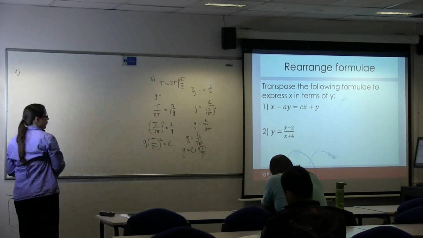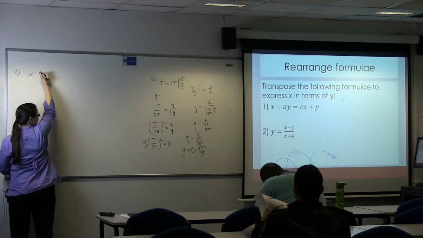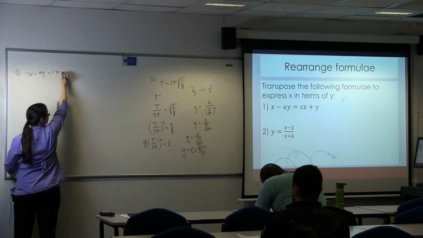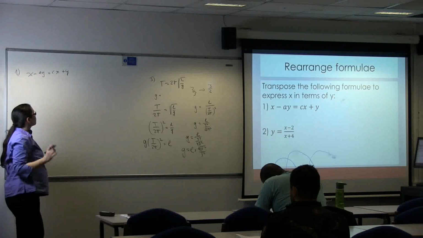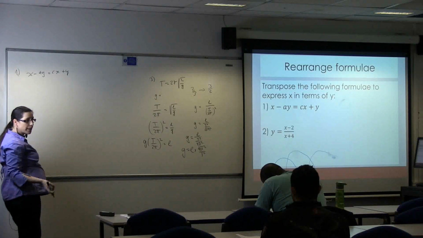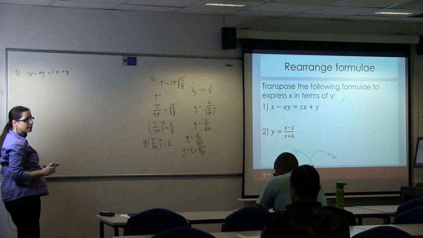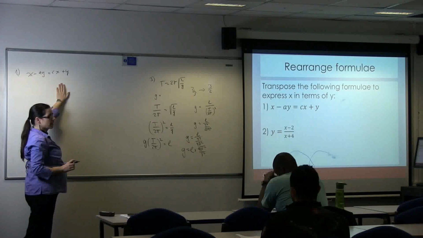So what I'm going to do first is pick a side, doesn't matter which one, and I'm going to collect x's on that side. So do you want to collect x's on the left or the right hand side?